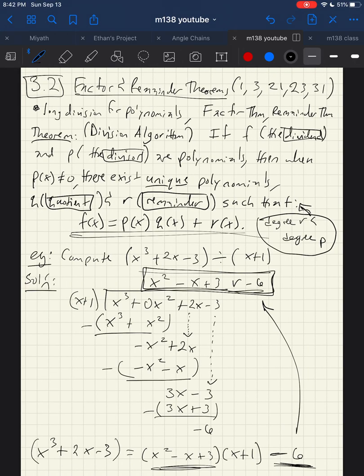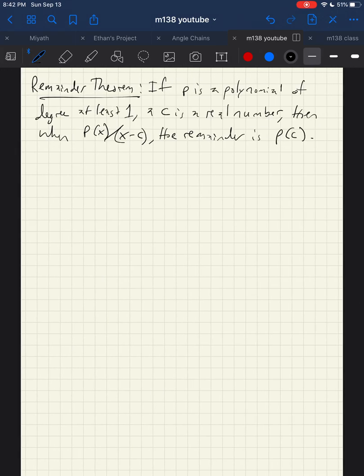Okay, so the remainder meaning like this remainder here, like what we computed in the last example.